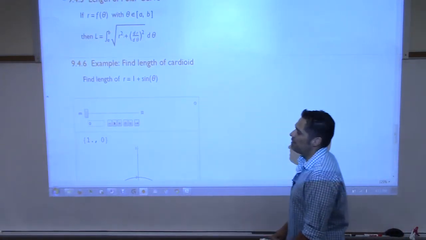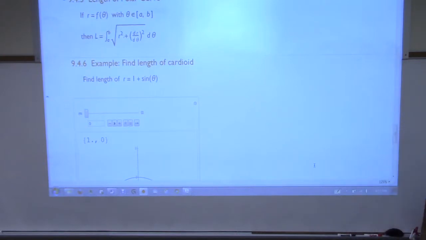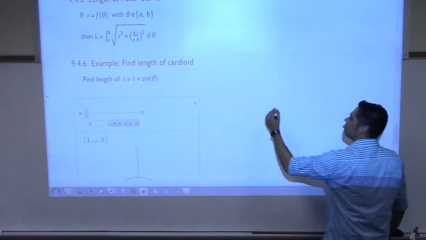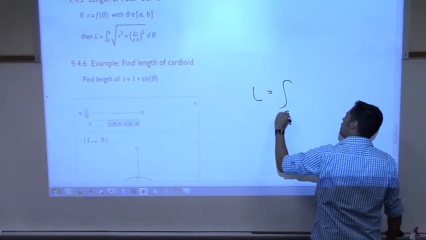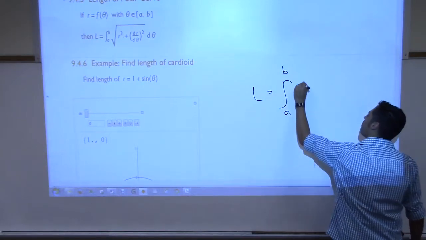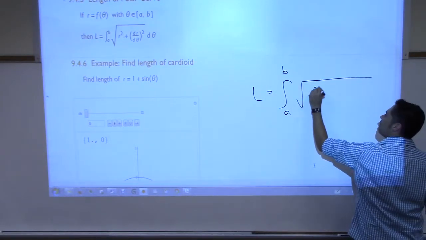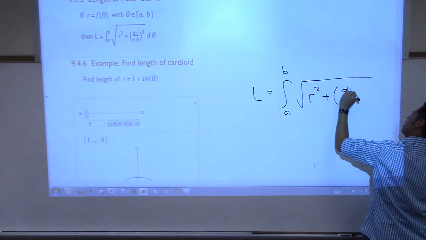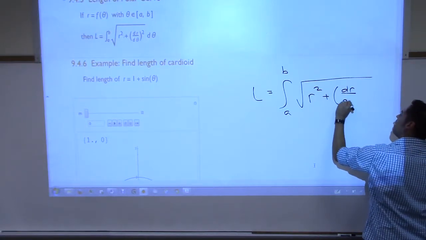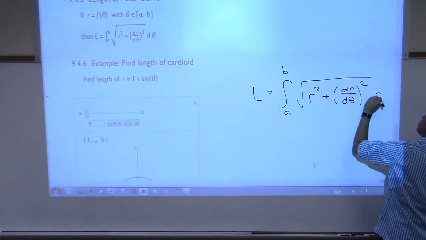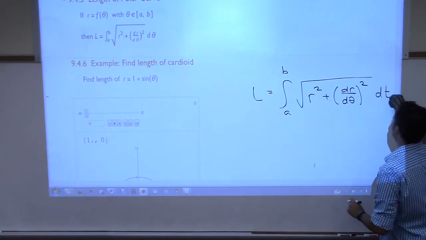All right, arc length, last one. If you're trying to find the length of a polar curve, the formula is, length is the integral from a to b, square root. I'm not going to derive this formula. I'm just giving it to you. dr. I think I had made a typo on this. Please check on Canvas.